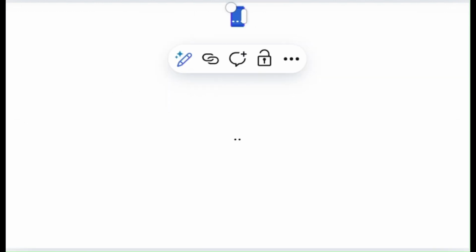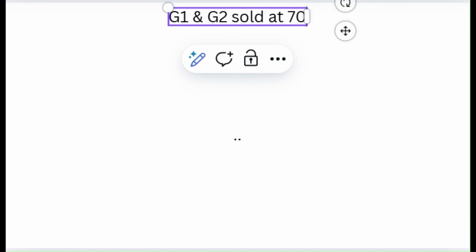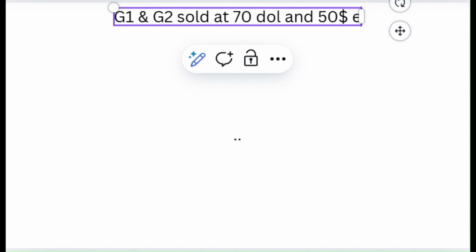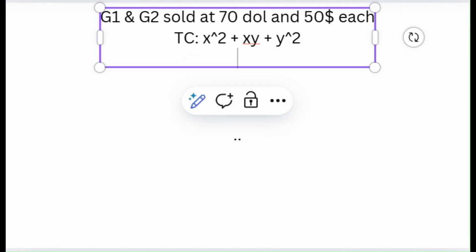Let's take a look at an optimization example. A company makes two products, G1 and G2, sold at $70 and $50 each. The total cost is x squared plus xy plus y squared, where x and y are the amounts of G1 and G2 produced.